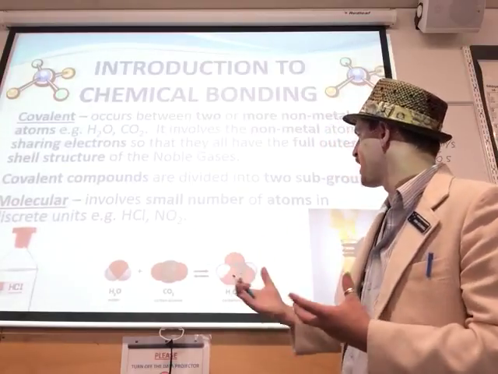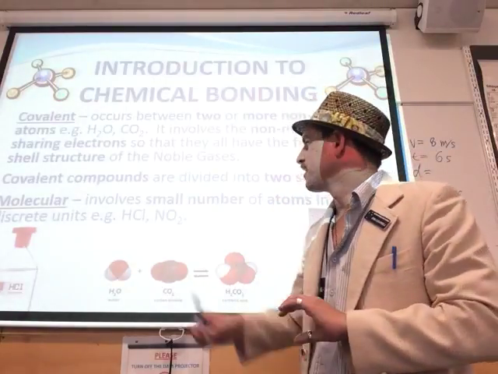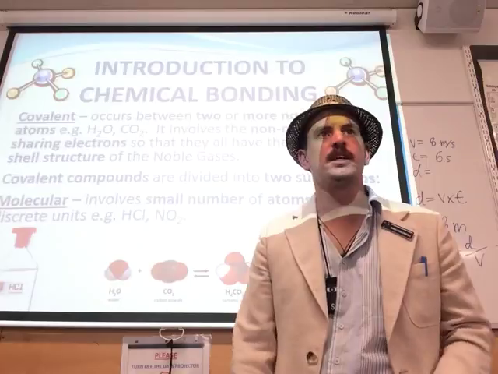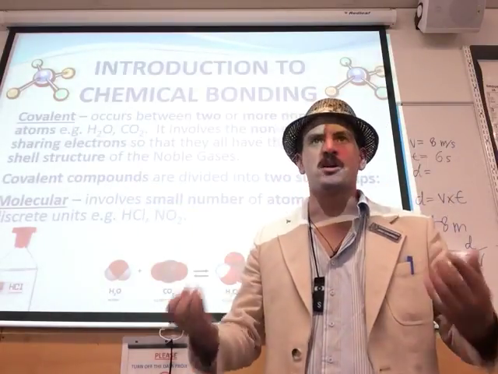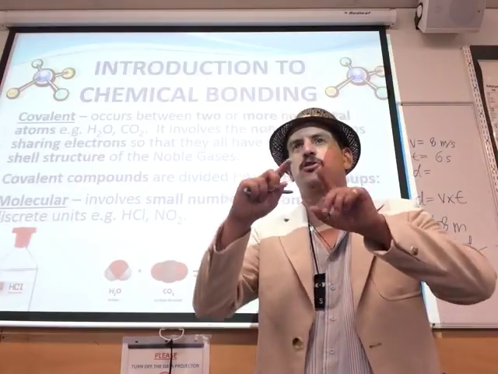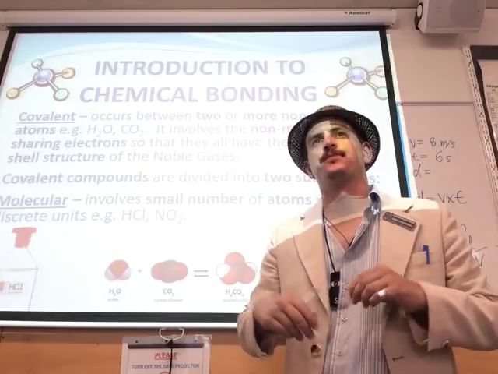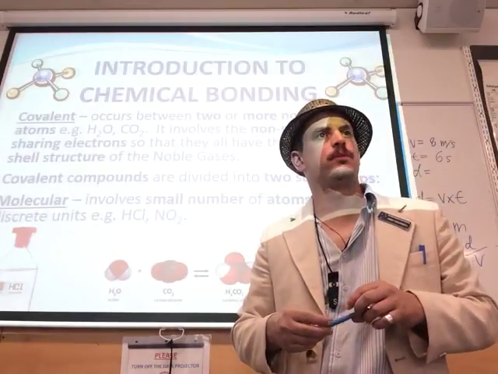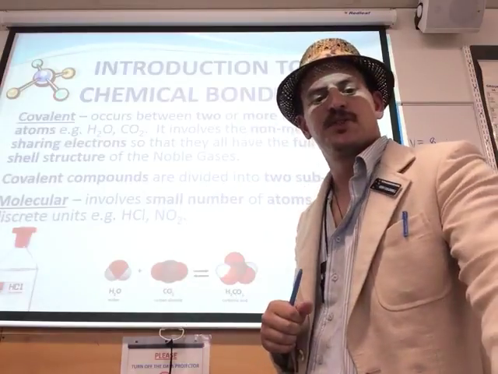That's when you have a small number of atoms in little discrete units, which we call molecules. Examples include hydrochloric acid, nitrous oxide, water, carbon dioxide, and oxygen, anything where there are usually less than 4 elements in that molecule. Little discrete particles.